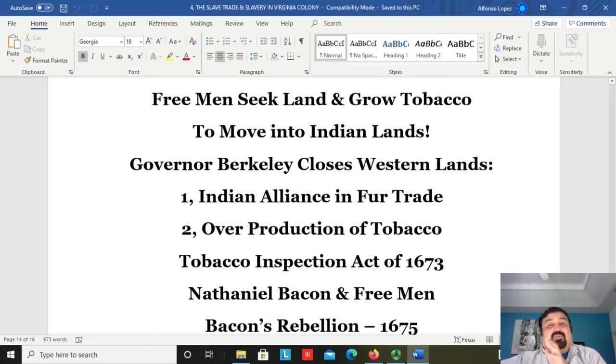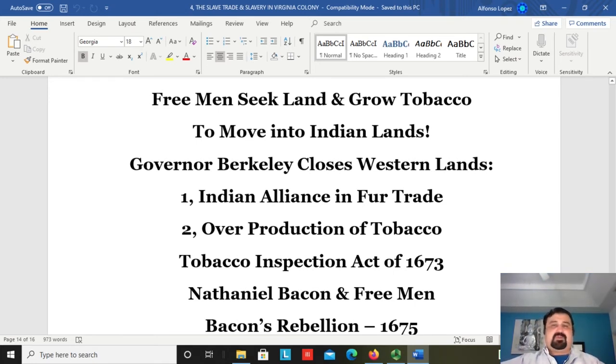The problem is that those lands that they seek are in the west of the Virginia colony, and those lands are occupied, of course, by indigenous groups, the Indian lands. So the freemen go to Jamestown and actually petition the governor of the colony, Governor Berkeley, to issue land grants.